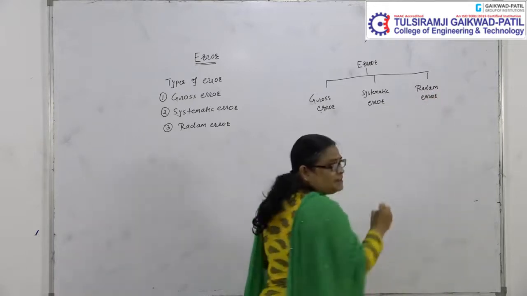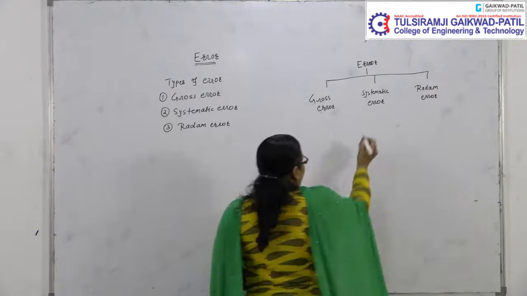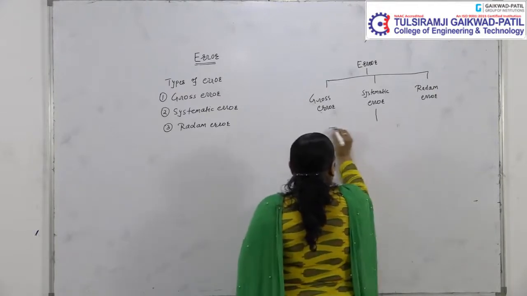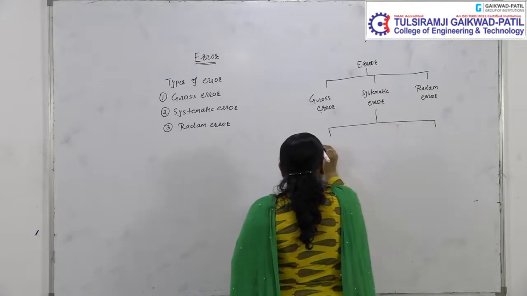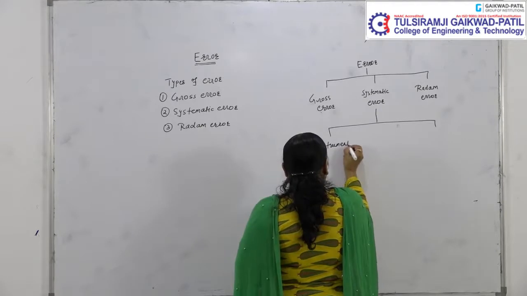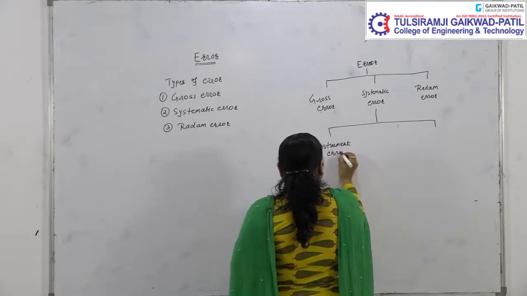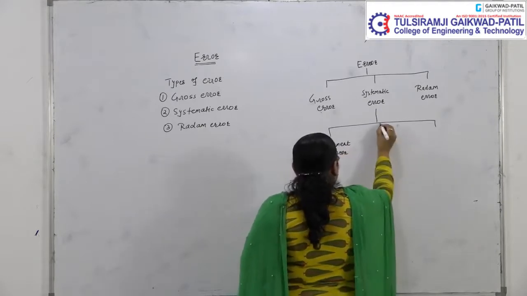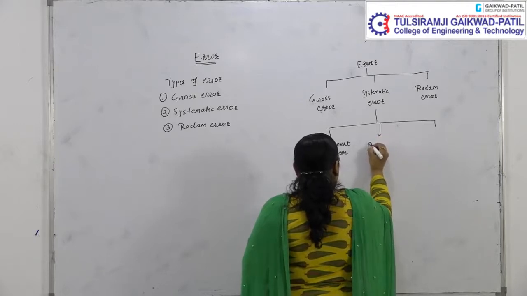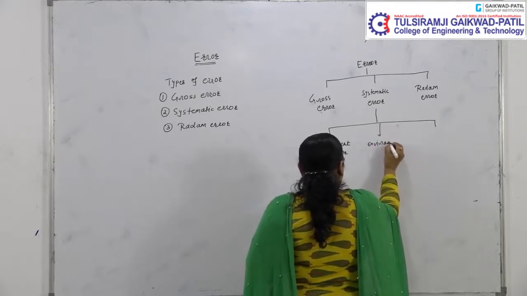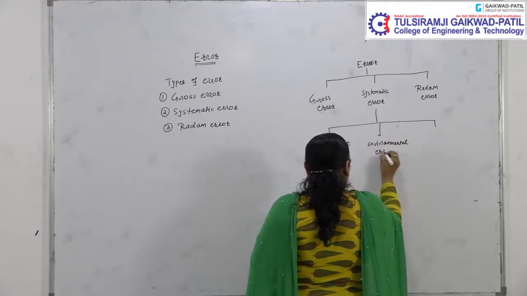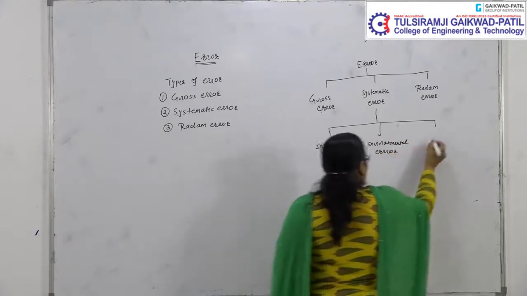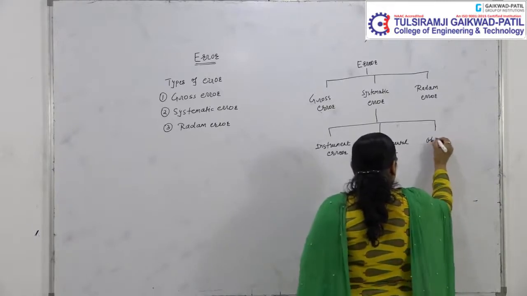Again, this systematic error can be divided into 3 categories, that is instrumentation or instrument error, second is environmental error, and third is observational error.